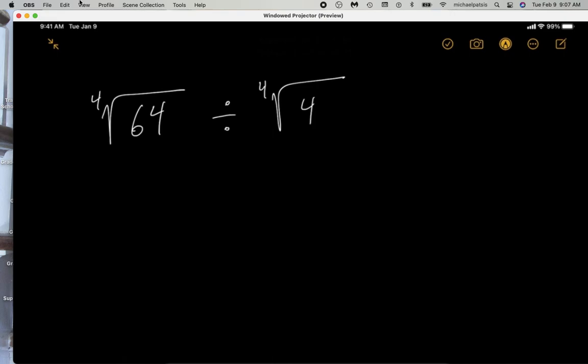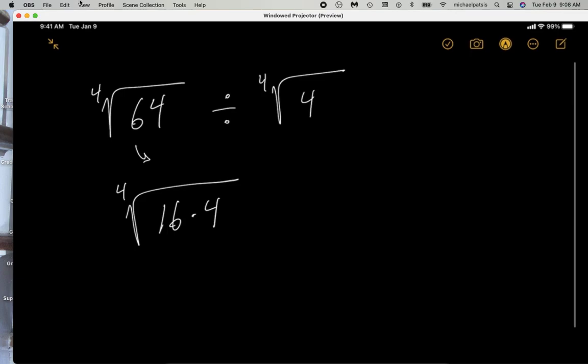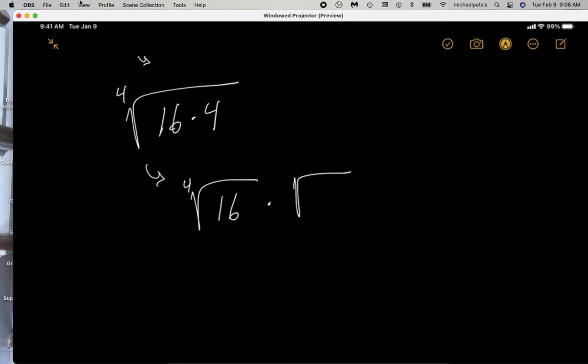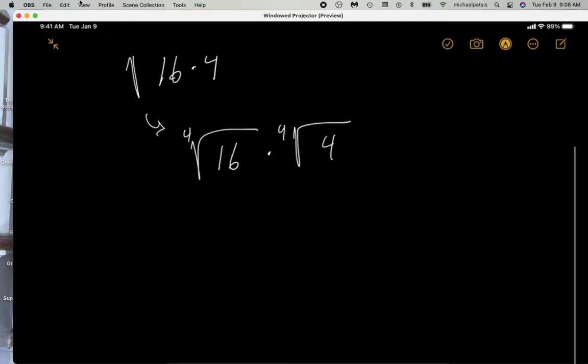Okay, we're going to change this to 16 times 4 under the fourth root. Same thing. All we did is change the 64 into 4 times 16. That's going to be the same as the fourth root of 16 times the fourth root of 4. Now, there is a fourth root.